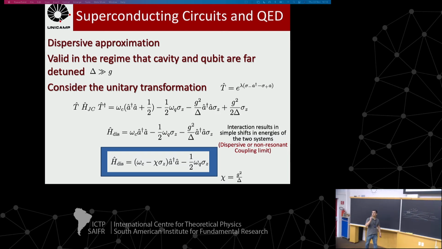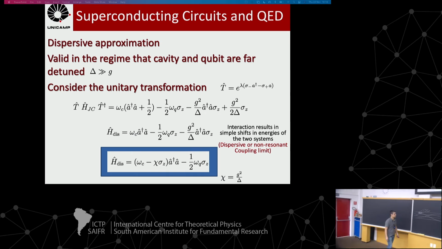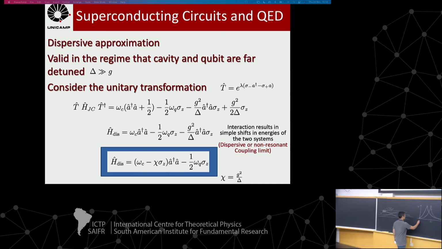We choose only one frequency. So I come here and I will look at this frequency and see the transmission at this value. For example, here I see 0.8.